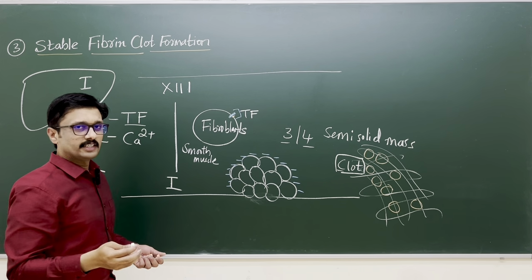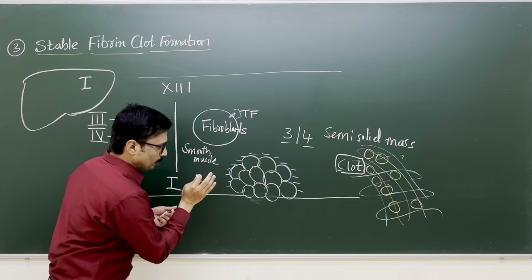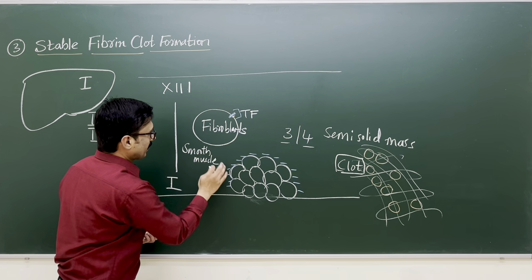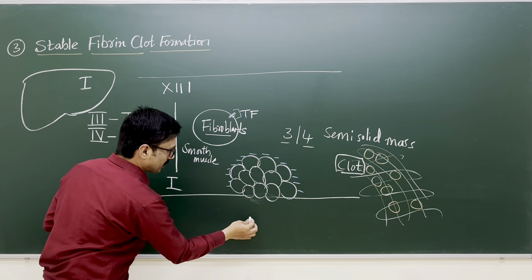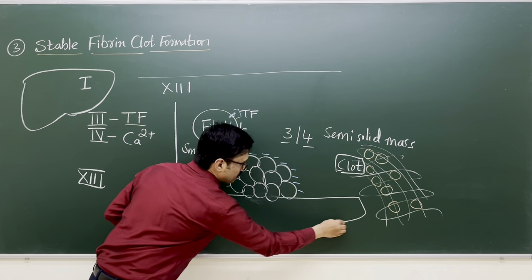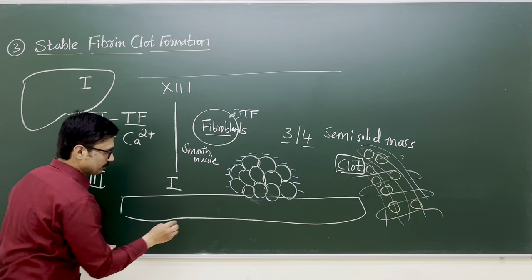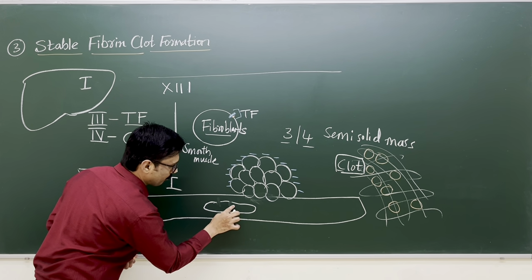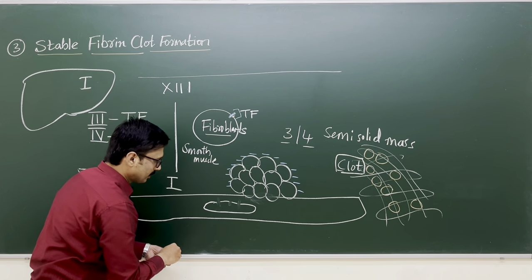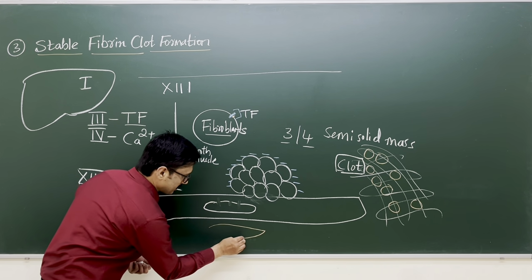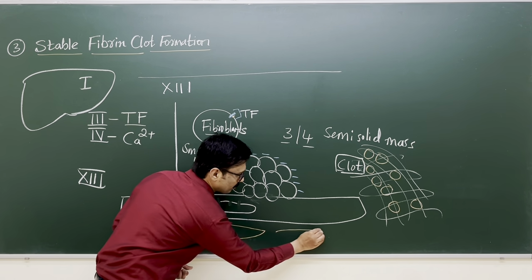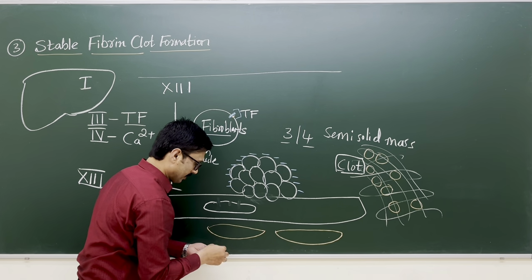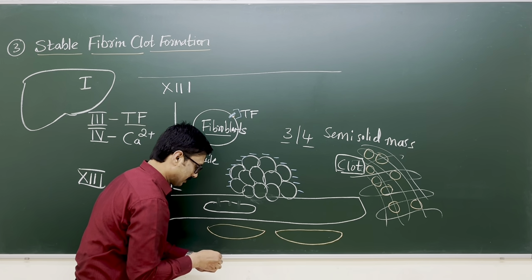So whenever there is damage to the blood vessel wall, the connective tissue fibroblasts which are present in the subendothelial connective tissue, the cell membrane of these fibroblast cells is broken into fragments, and also the smooth muscles which are present in the tunica media will have the tissue factor.